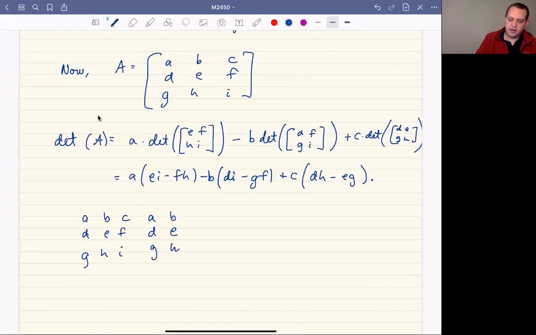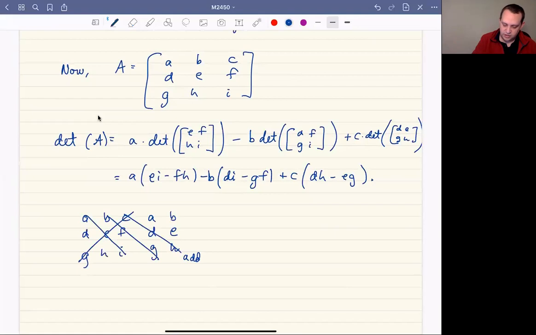You can actually compute the determinant by thinking about products along a diagonal. So you would get AEI plus BFG plus CDH. So you add these terms, and then you subtract the terms that you get by looking at the other diagonal.